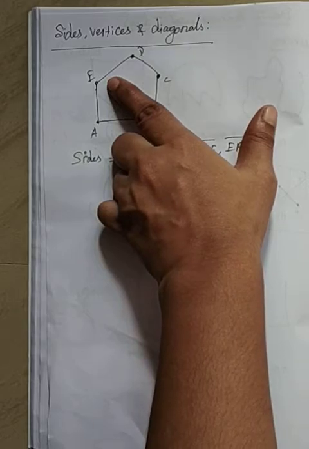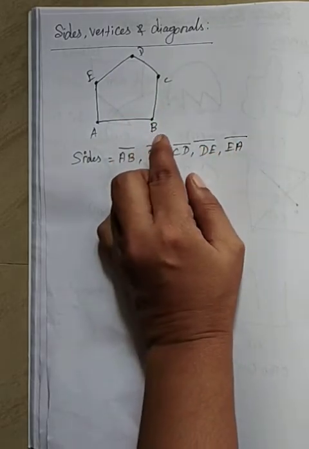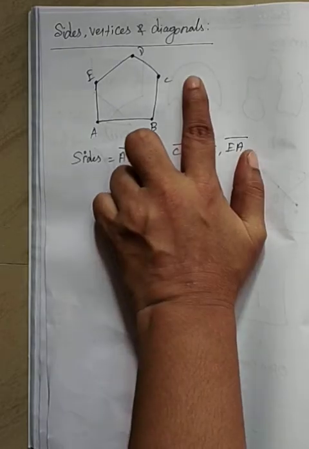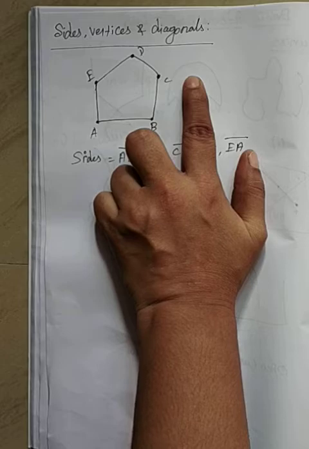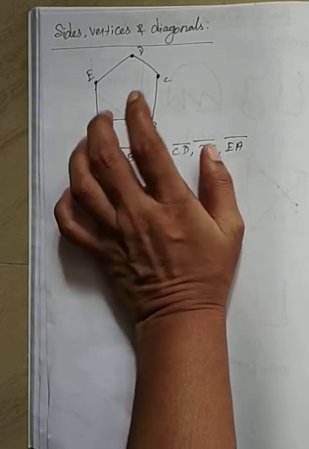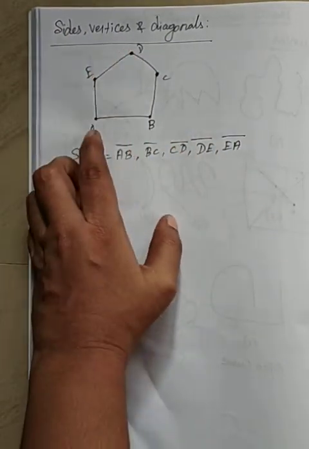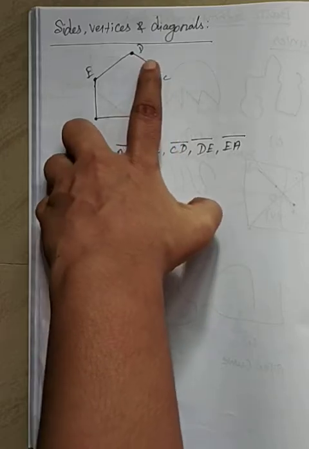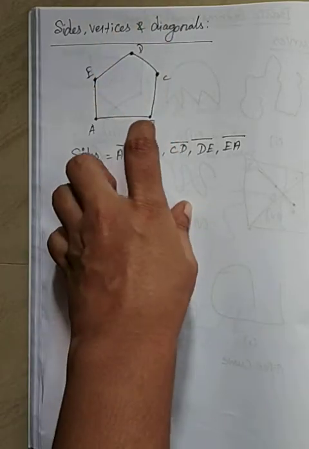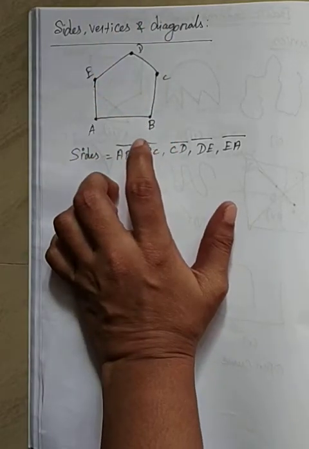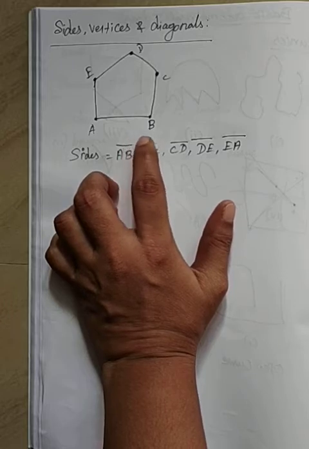Points B and C are its other vertices. Can you name the other vertices of the above polygon ABCDE? These are A, B, C, D, E, all the points of the polygon. That means vertices, sorry, vertices.